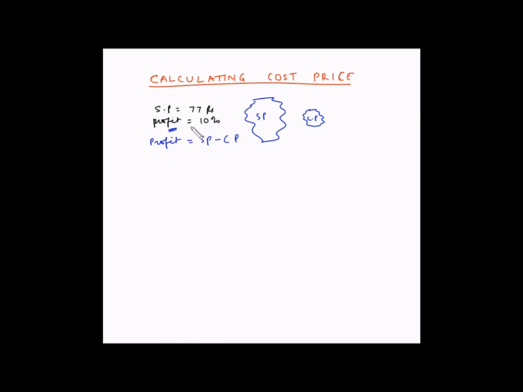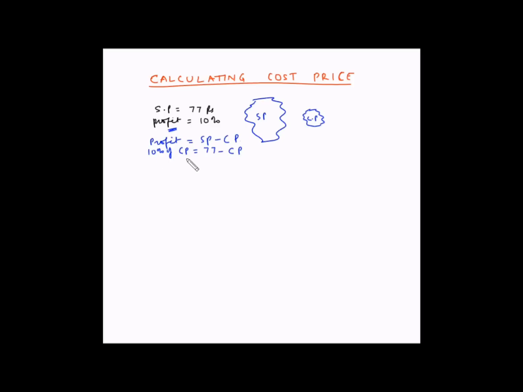Now profit is expressed in terms of a percent, and we know that profit and loss are expressed in terms of the cost price. So profit is 10% of the cost price. So 10% of cost price is equal to the selling price, which is 77 rupees, minus the cost price.